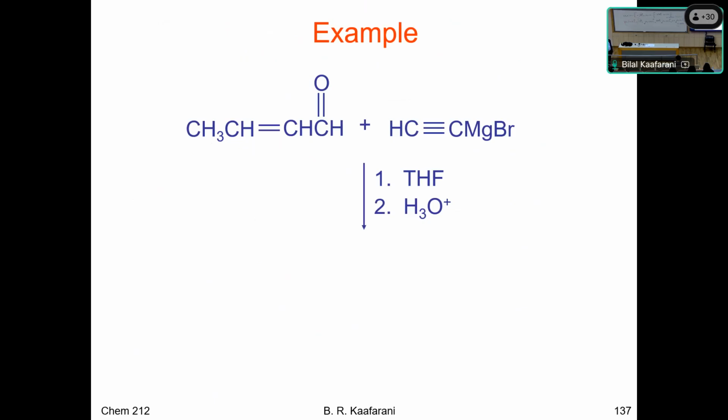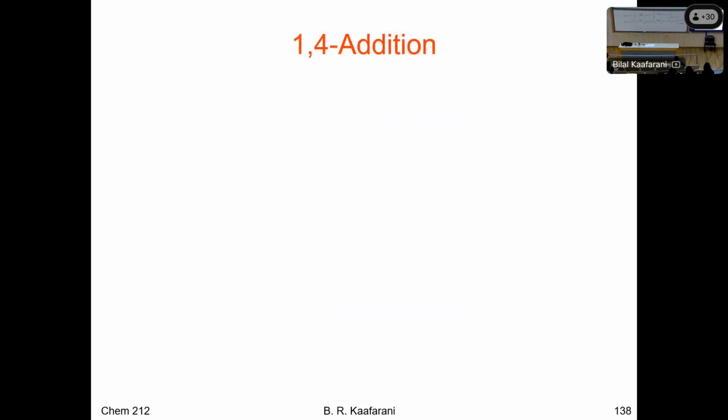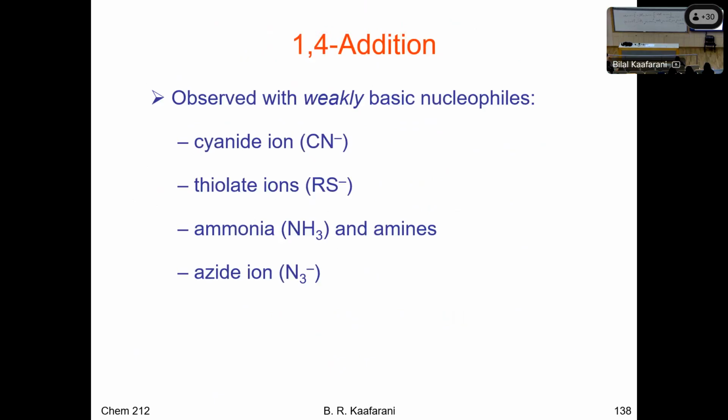So you have to identify first what your nucleophile is. Is it doing 1,2 addition or 1,4 addition? And then you put the product. So that will be your product. For 1,4 addition, the weakly basic nucleophiles, the excellent nucleophiles that are weakly basic, cyanide, thiolate, ammonia, amines, azide, they all do 1,4 addition.